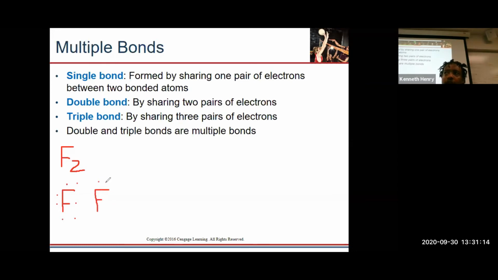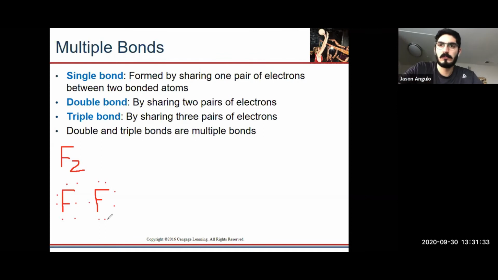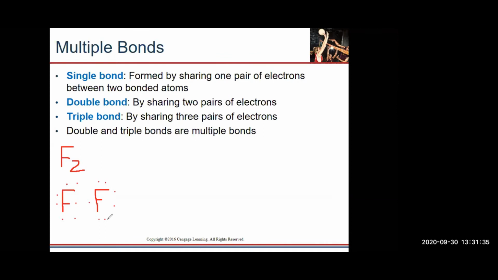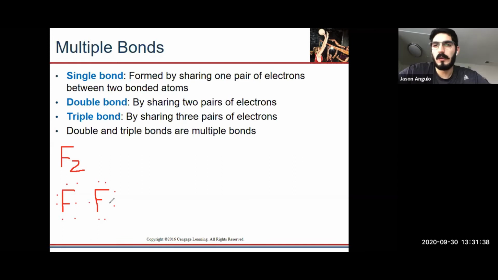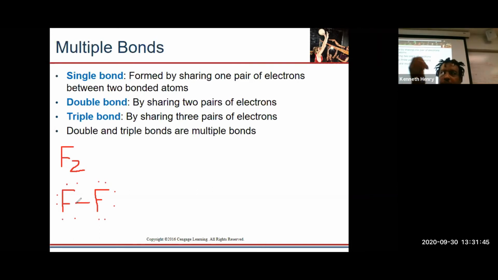So for them to reach their octet, having 8 around each one, how many electrons do they need to share? One pair. So we draw that line, which represents our bond. That's a single bond.